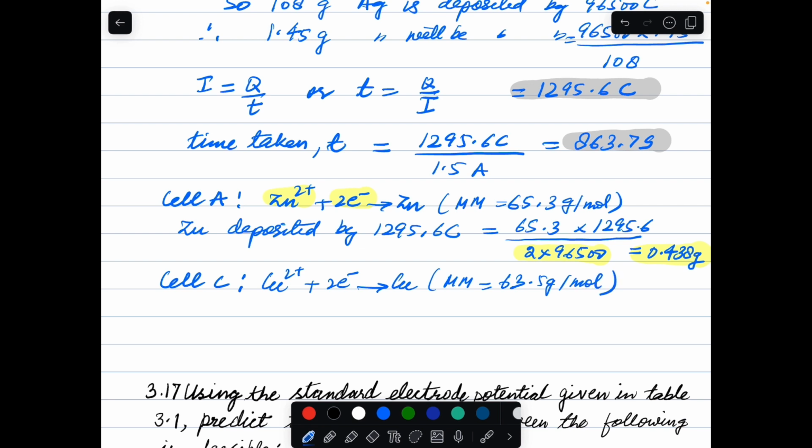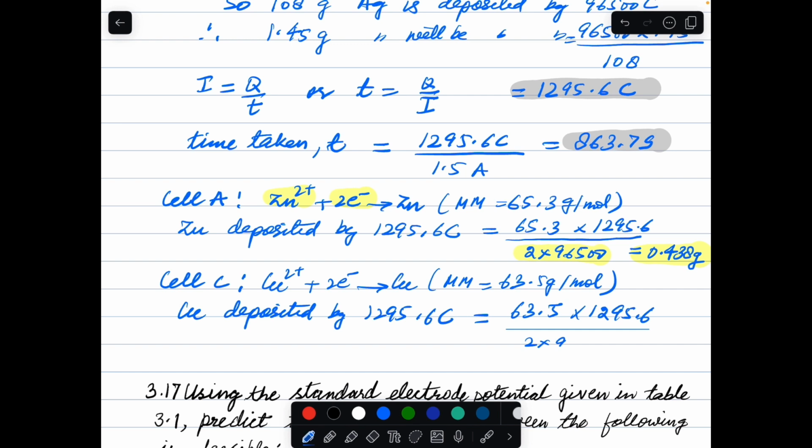So therefore copper deposited by 1295.6 coulomb of charge will be equal to 63.5 multiplied by 1295.6 divided by your 2 into 96,500 coulomb of charge, and this is equal to 0.426 gram.